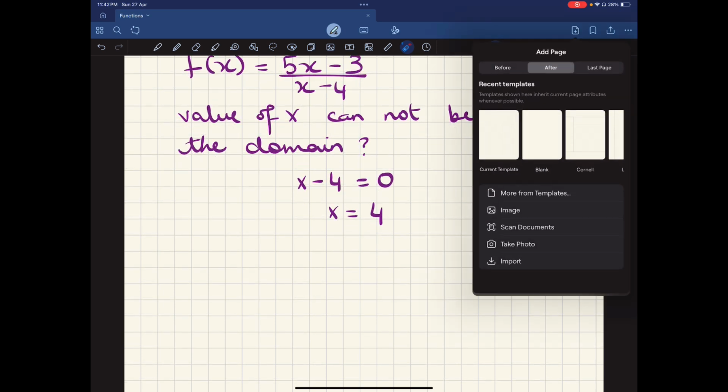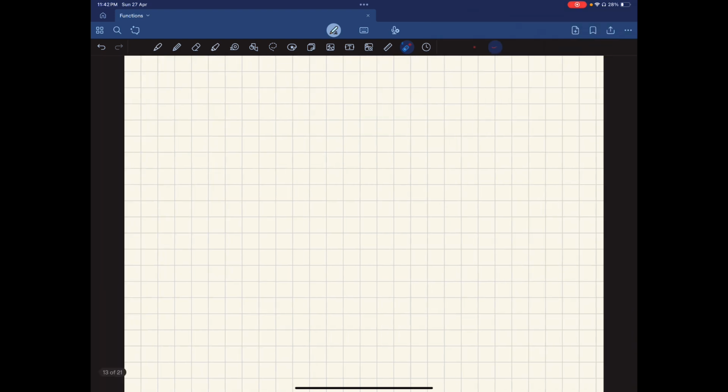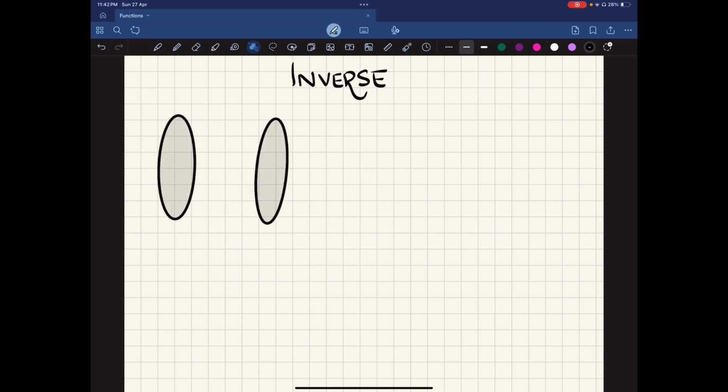Let's move on to the next section, which is finding the inverse of a function. The function f of x maps input values to output values, right? So let's quickly visually represent this.